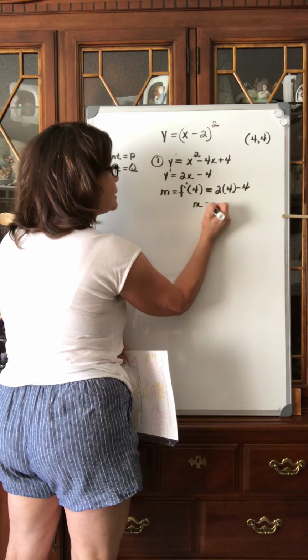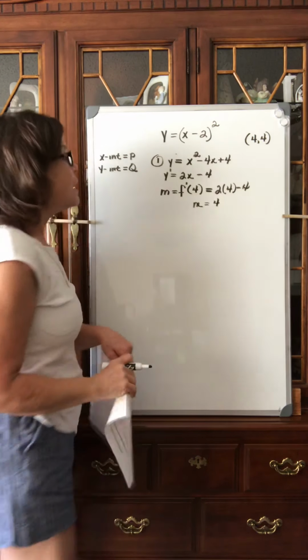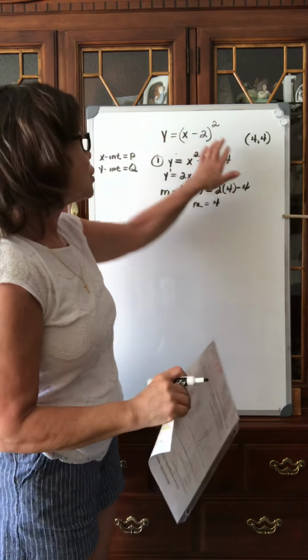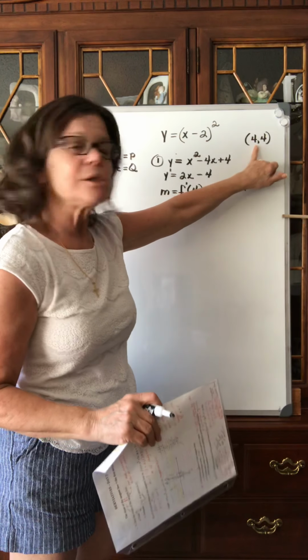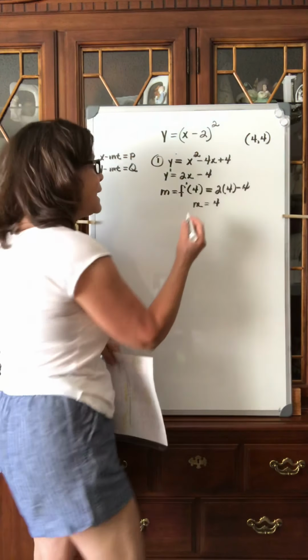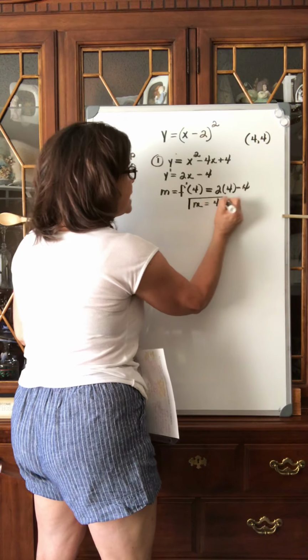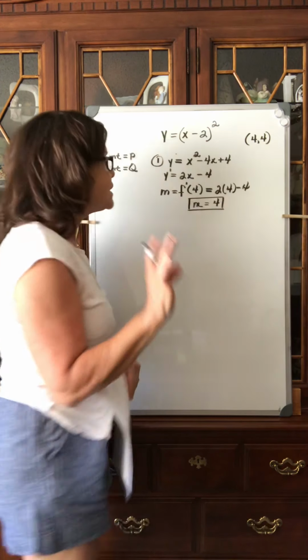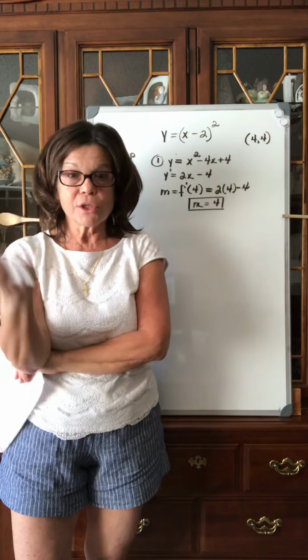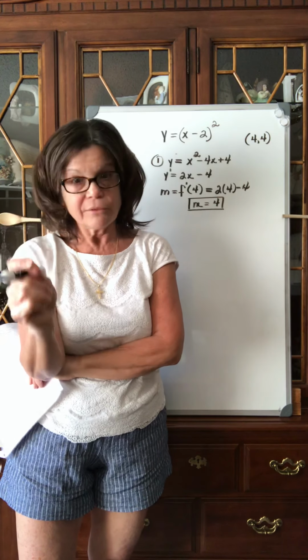The slope of the tangent line to this parabola at this xy ordered pair is a slope of 4. There's a lot of 4's in this question. So that's the first thing that we needed to do. We took the first derivative, we plugged in the x value, we found the slope.